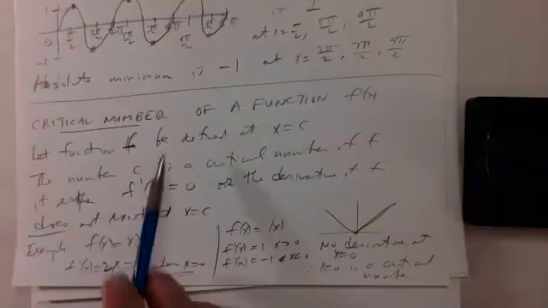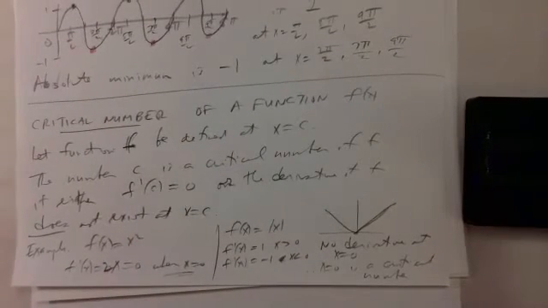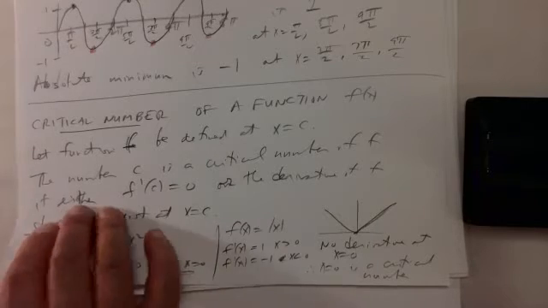So a critical number is a number where the function is defined and either the derivative is 0 or there just is no derivative. The derivative doesn't exist. And the really important theorem in this part of calculus says the following.